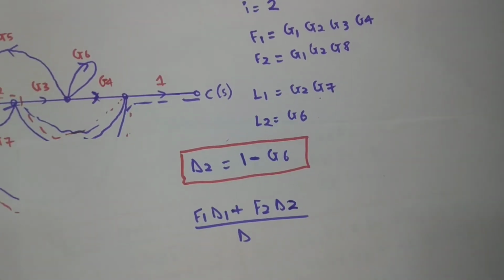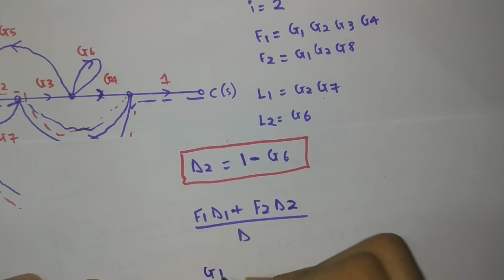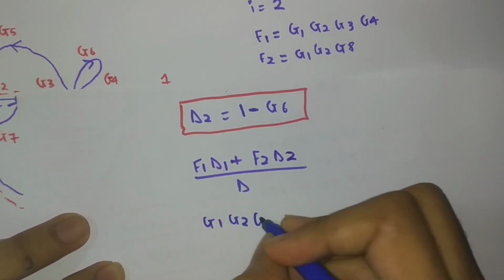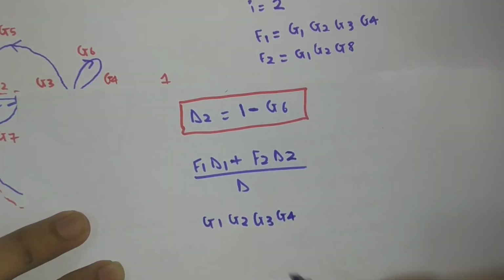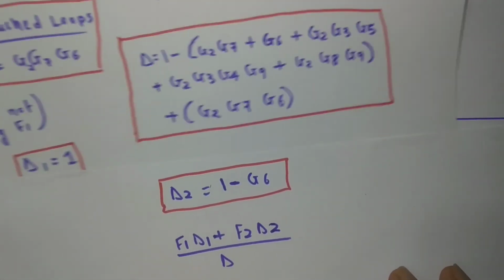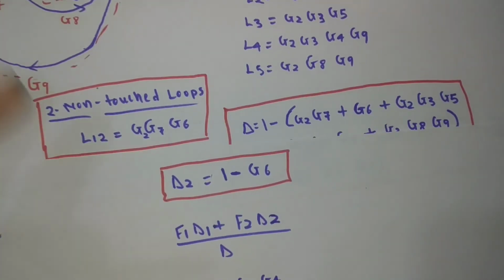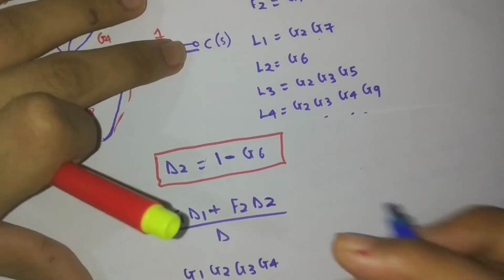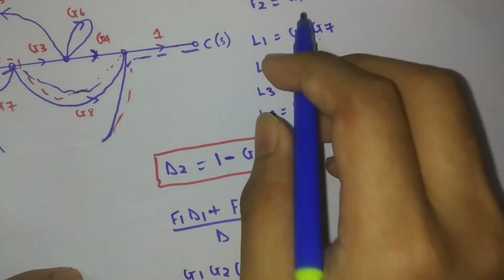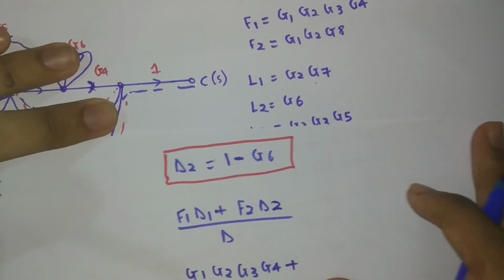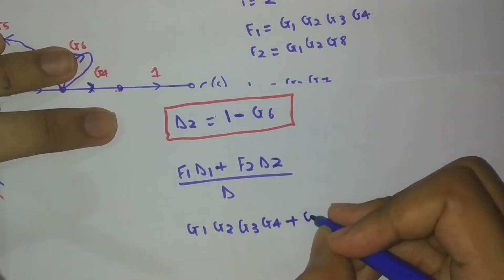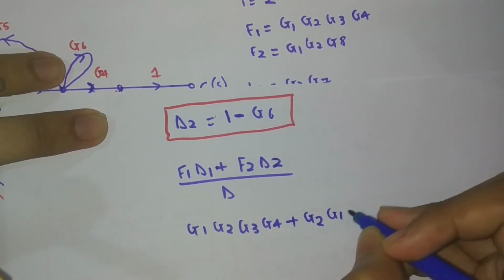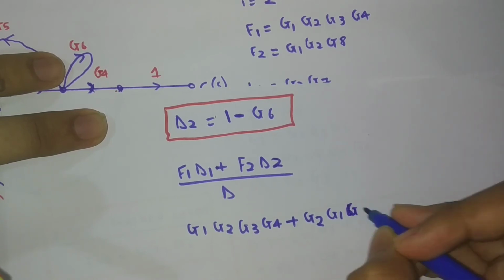So here F1 is G1, G2, G3, G4. The first determinant is 1. So F1 multiplied by 1 will be this only. And now plus the second forward path, that is G1, G2, G8.